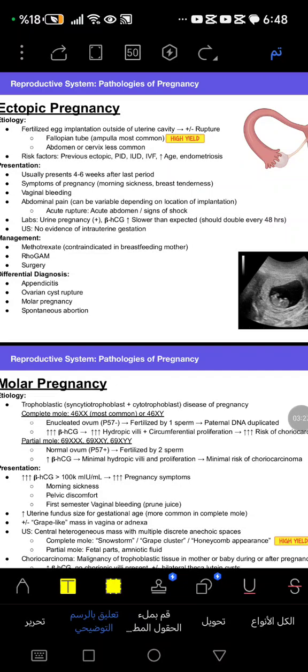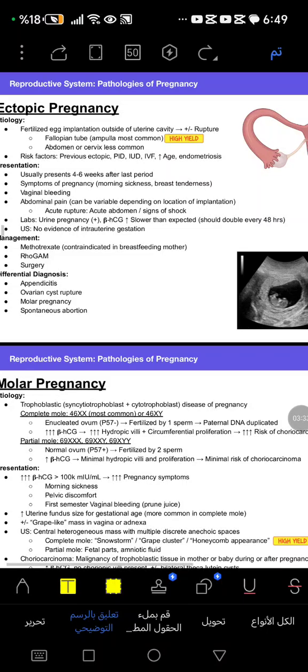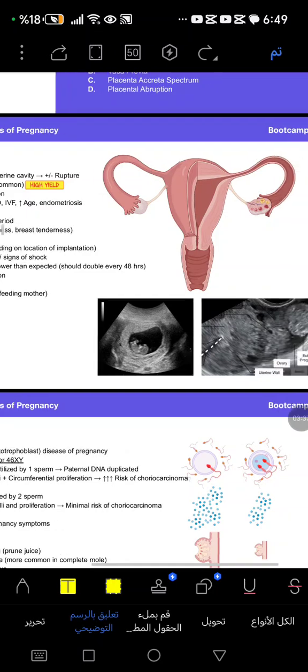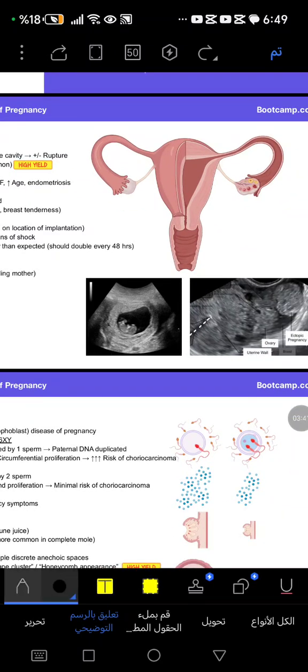What is the most common location where ectopic pregnancy occurs? It's in the oviduct, or fallopian tube. It occurs in the oviduct here.